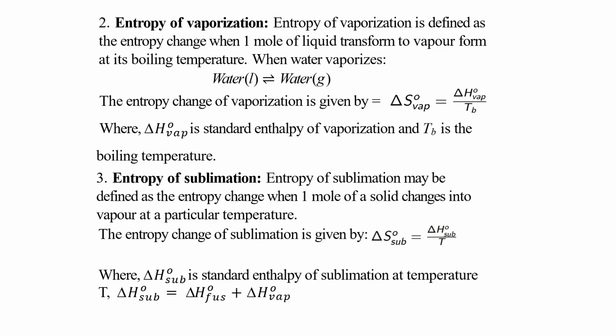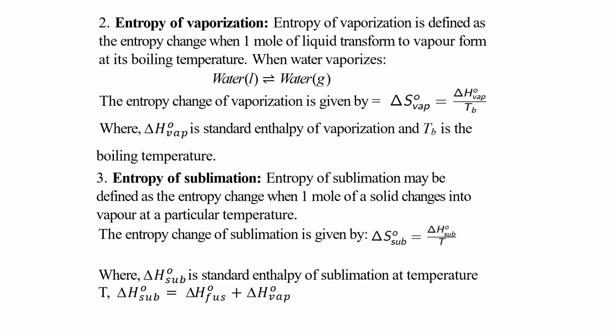Next is entropy of vaporization. Entropy of vaporization is defined as the entropy change when 1 mole of liquid transforms to vapor form at its boiling point, boiling temperature. When water vaporizes, we get liquid water to water gas.